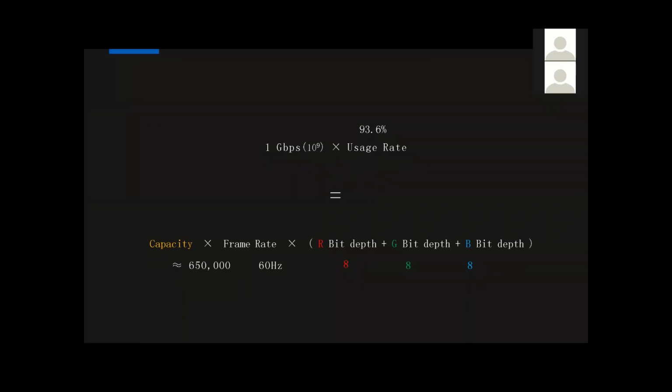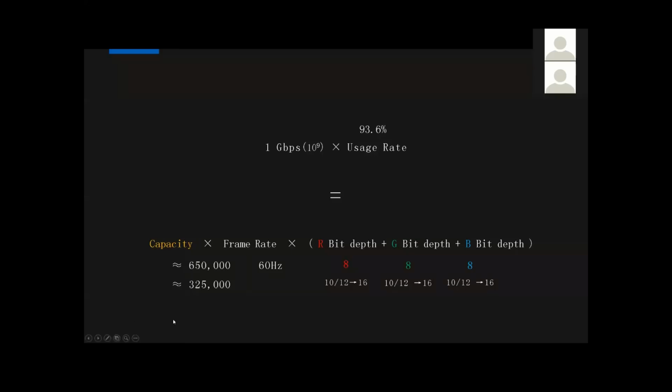But another thing is, for 10-bit, if some high-end customer wants to use 10-bit or 12-bit color input, once the color bit depth goes up to 10 or 12, the loading capacity will be half, which is 325,000 pixels. It's a fixed loading capacity when we have 10 or 12-bit color input.